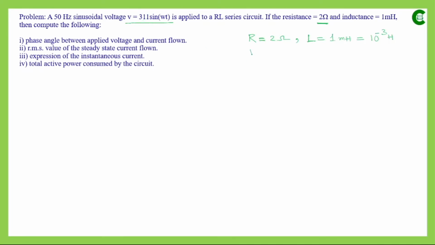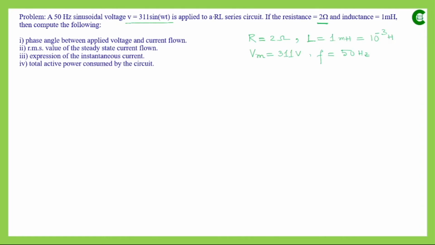From there we can say that Vm will be equal to 311 volt, and it is also given that it is a 50 hertz sinusoidal voltage, so the frequency of the supply voltage is 50 hertz. Since the unit is given in hertz, this is linear frequency, so small f is equal to 50 hertz.